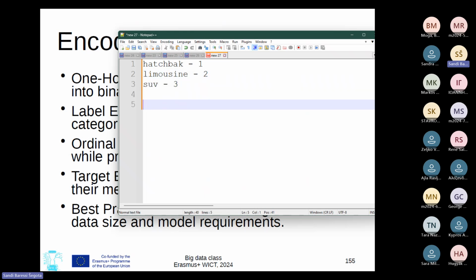One-hot encoding, for example, for a hatchback is going to be something like in the first spot I'm going to have 1, then I'm going to have 0 and 0. That's called one-hot encoding, right? So a limousine would be stored like this, and SUV would be stored like this. That's one-hot encoding.